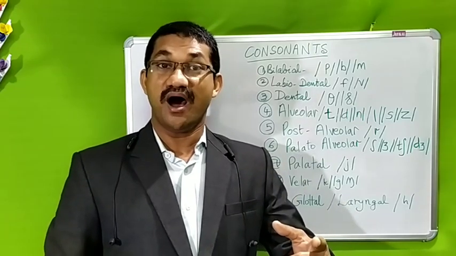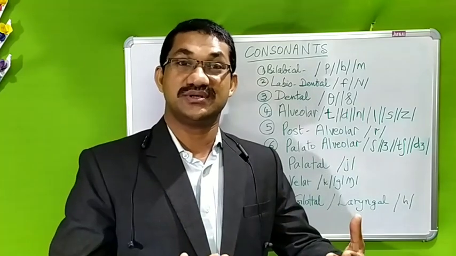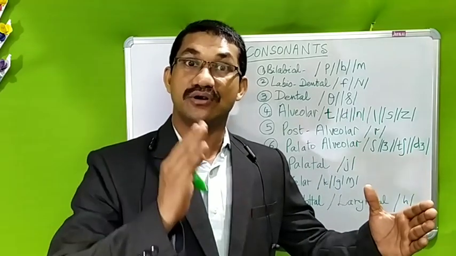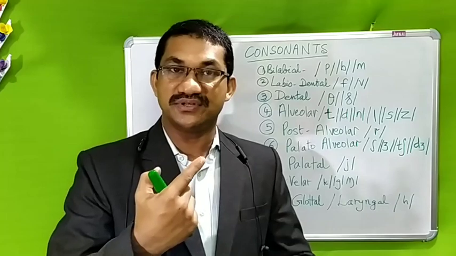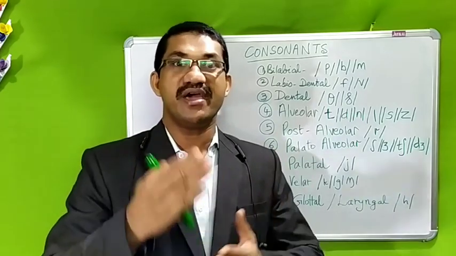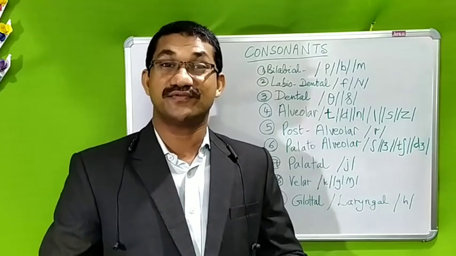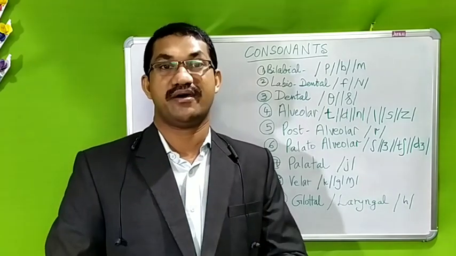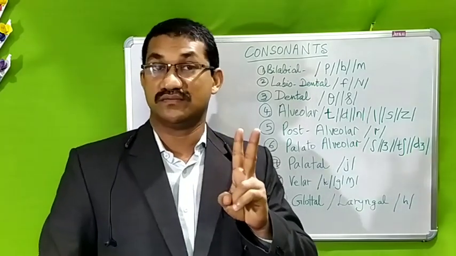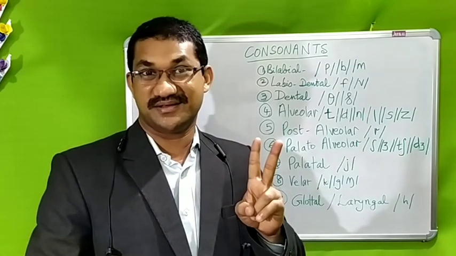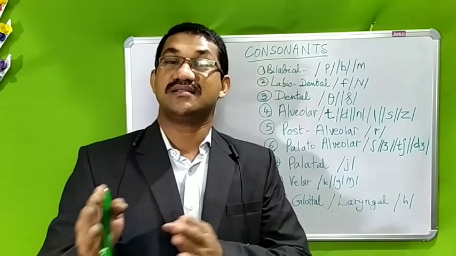They are produced with either a closure of the passage of air, that is, the oral cavity and nasal cavity. Somewhere there is a closure, and sometimes there is a narrowing of the passage of air, and air is going out with explosion or plosion on one side, friction on the other side.